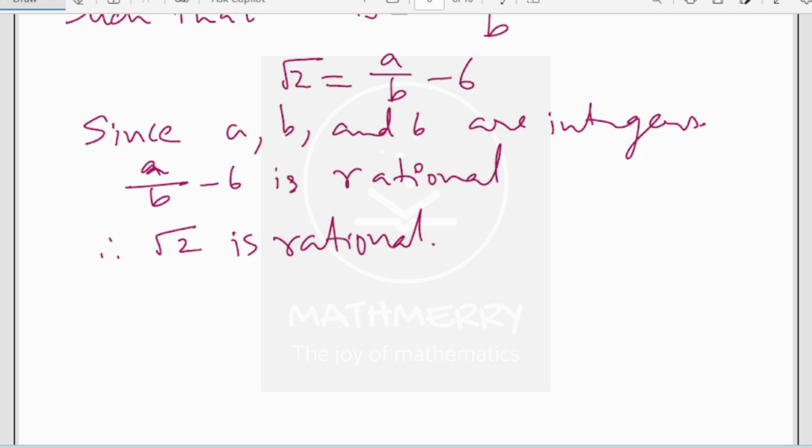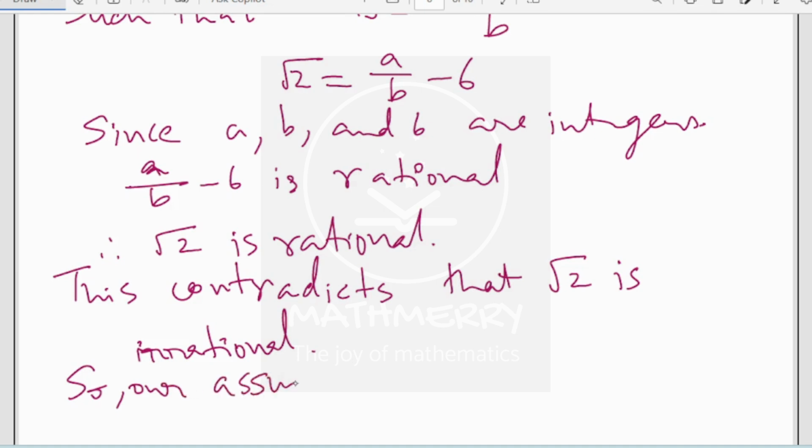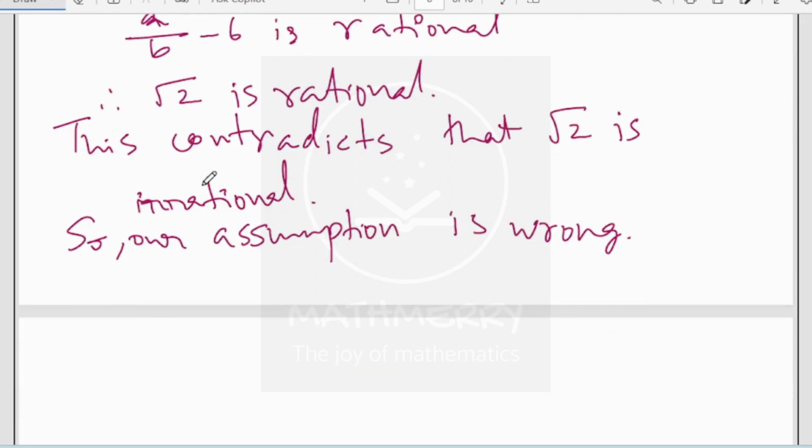So this contradicts the fact that root 2 is actually irrational. So our assumption is wrong, and hence we can say that 6 plus root 2 is irrational.